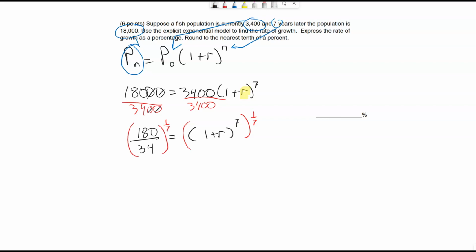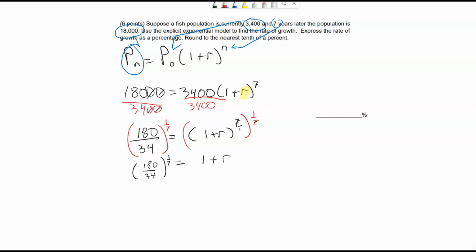Now if you know power to a power, you multiply. 1/7 times 7 over 1 is just 1. So you can see how this reduces to just leave us 1 plus r. And this left side, it's just messier and messier, but until we go to our calculator, I don't want to touch it because I don't want to make an approximation error.